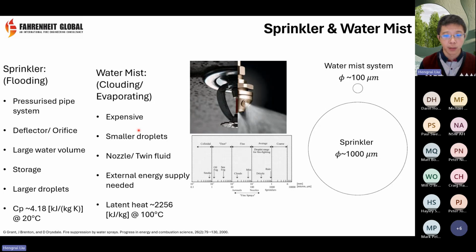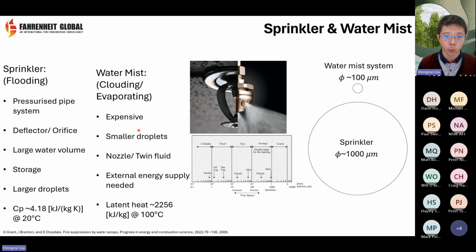Sprinklers produce larger droplets. On the other side, the water mist system is more expensive compared to a sprinkler system and produces smaller droplets. It is more expensive because it has dedicated nozzles, or high pressure gases to drive the water mist and break down the droplets.